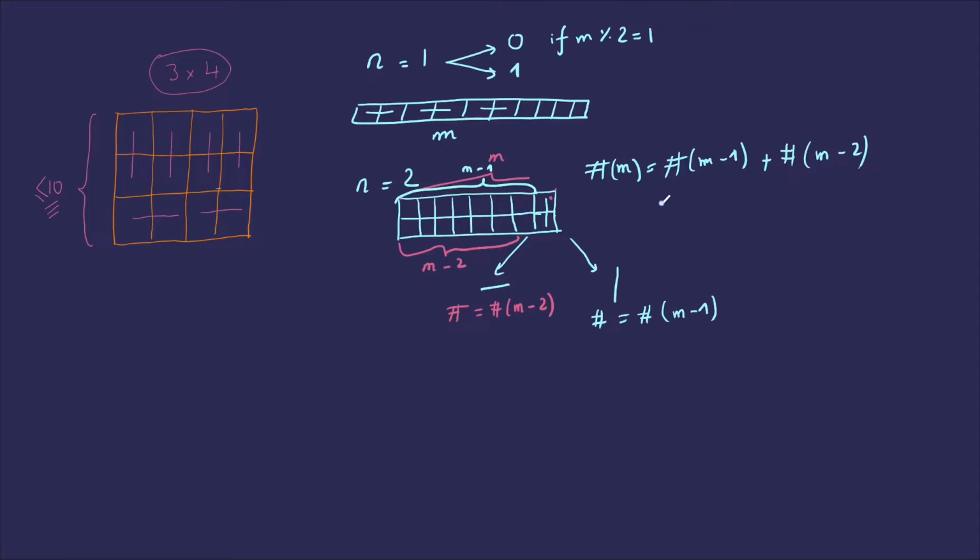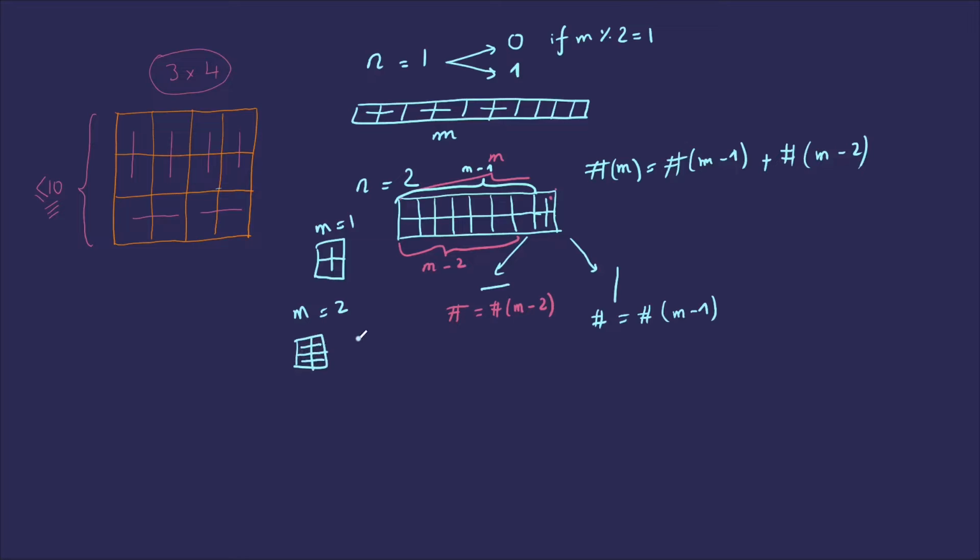Does this ring a bell? Well, this is precisely the same thing as the Fibonacci recurrence relation. And let us just calculate the base case here. If m is equal to 1, there is only one possibility, which is just to put a vertical tile like this. And for m equal to 2, there are two possibilities.